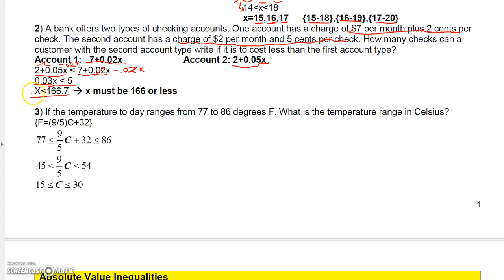But here's the deal: x must be less than 166.7. Well, obviously x is going to be either 166 or 167, but x can't be 167, and x can't be a fractional number, because you're not going to write a piece of a check. So let's just say x must be 166 or less.